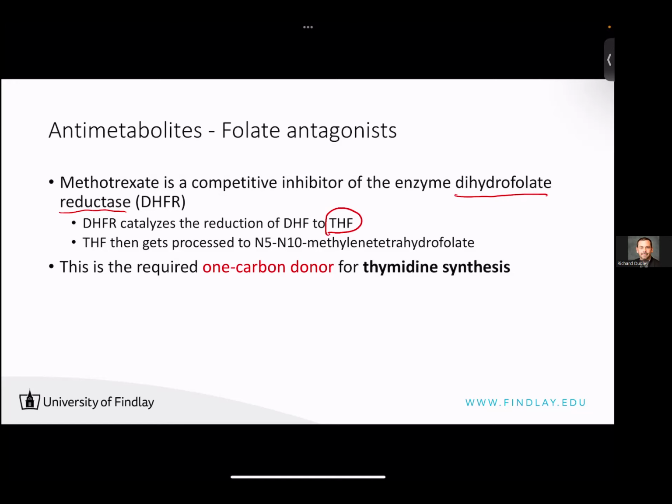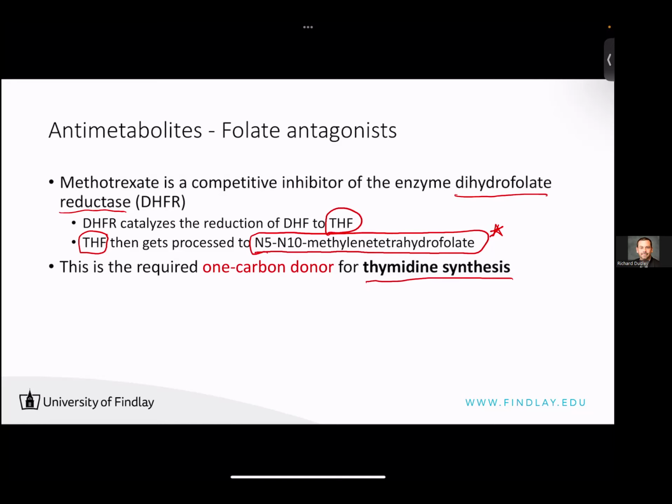All right, so we're successively adding hydrides essentially across the pyridine ring, and I'll show you what that looks like in a second. What's important though is once you get to tetrahydrofolate in this chemical pathway, tetrahydrofolate can get processed by another enzyme, ultimately leading to the formation of something called N5N10 methylene tetrahydrofolate. And it's this molecule that serves as a one carbon donor for thymidine synthesis.